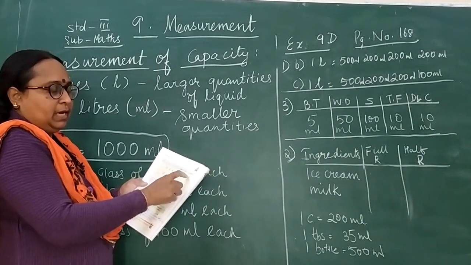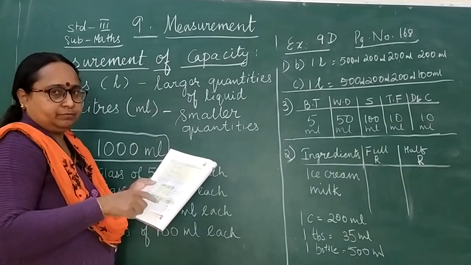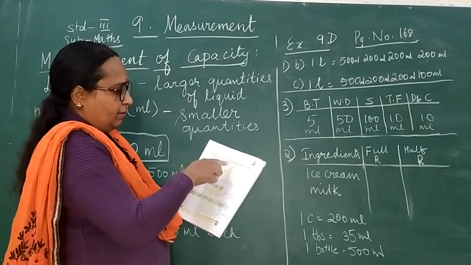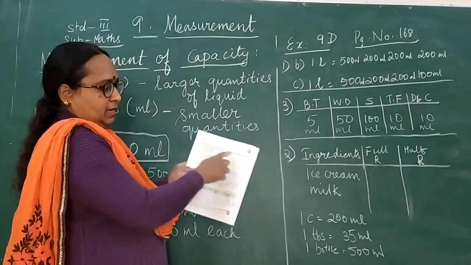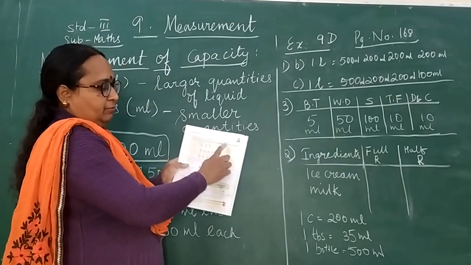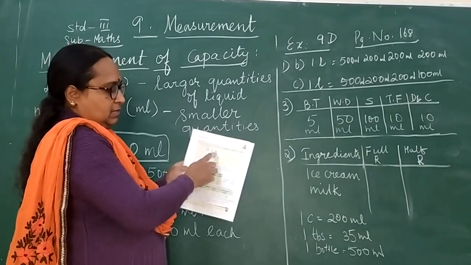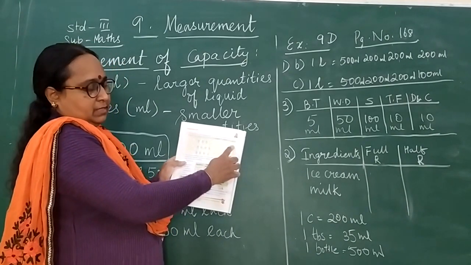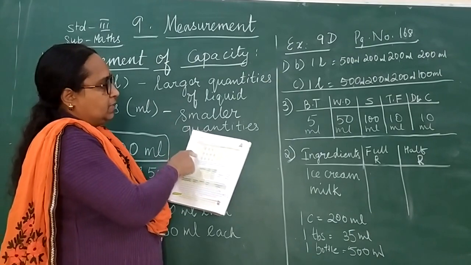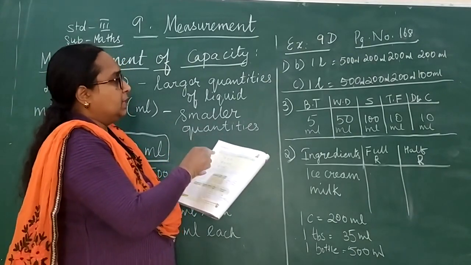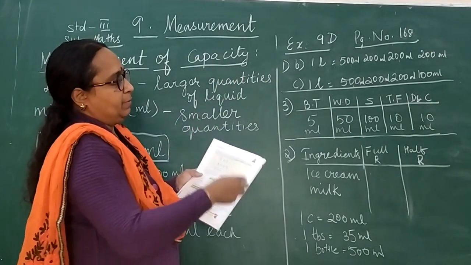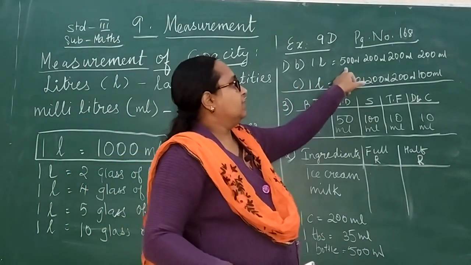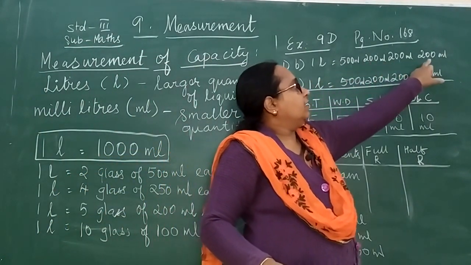So this is only 600 ml. So here the less is being ticked, right. You have enough, extra and less in that box. Since it is less, less is being ticked. So the second sum, 1 liter, they have written 500 ml, 200 ml, 200 ml, 200 ml. Now if you add this, 500, 600, 700, 800, 900, 1000, 1100.